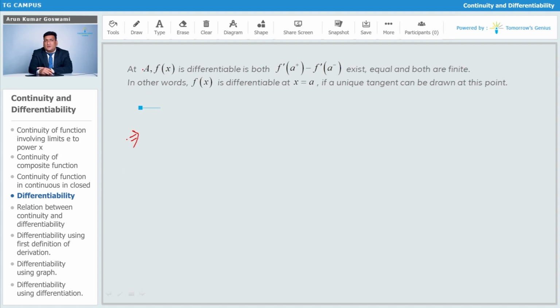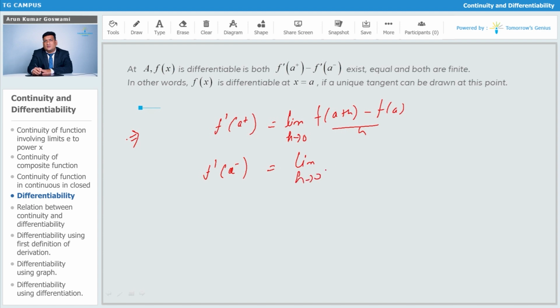Now, from the curve, the final definition: at point a my function will be differentiable if f dash of a positive, which is the limit h tends to 0, f of a plus h minus f of a divided by h, and f dash of a negative, limit h tends to 0, f of a minus h minus f of a divided by minus h, are equal.